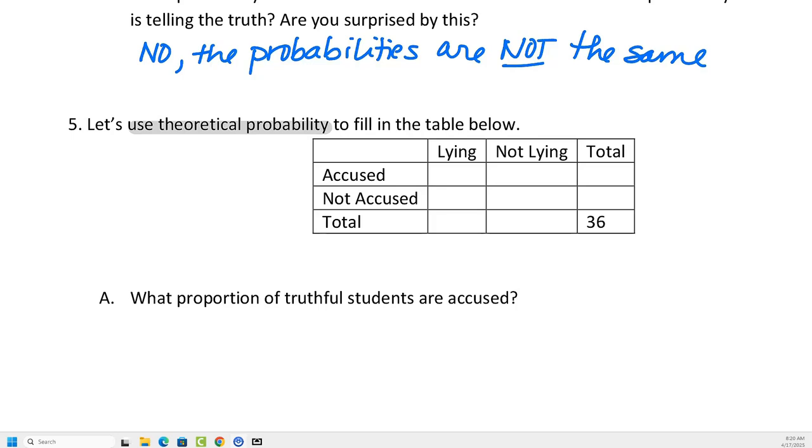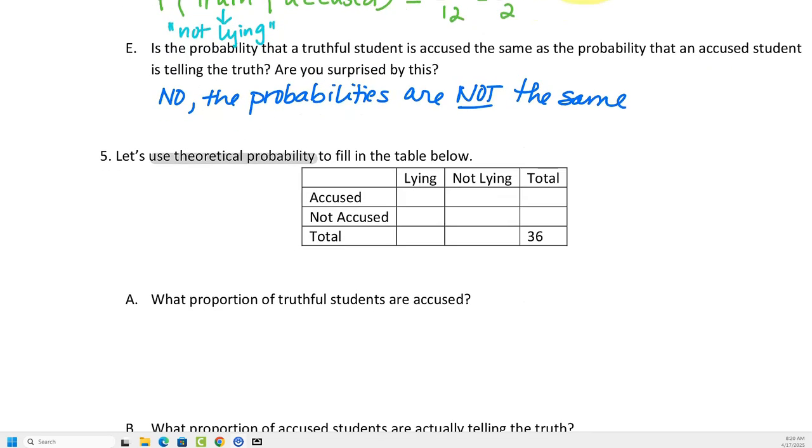So we can fill in specific things right away in this chart. And let's do that. So the first thing we do know is that we know all liars are accused. So therefore, this is the big part here.